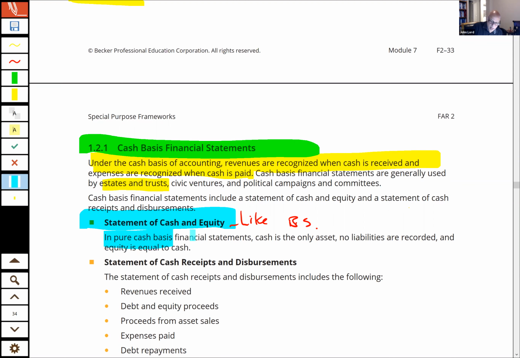In the pure cash financial statements, the only asset is cash. No liabilities are recorded because you haven't paid them yet. There is no such thing as a liability. A liability is a bill that you haven't paid yet. And if you're only reporting something after you disburse the cash, there's no such thing as a liability. So all you have is cash as an asset and what? Equity, okay?